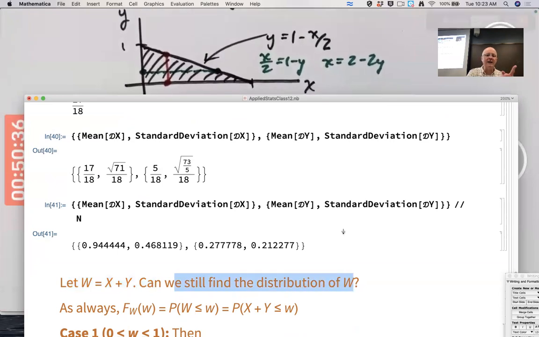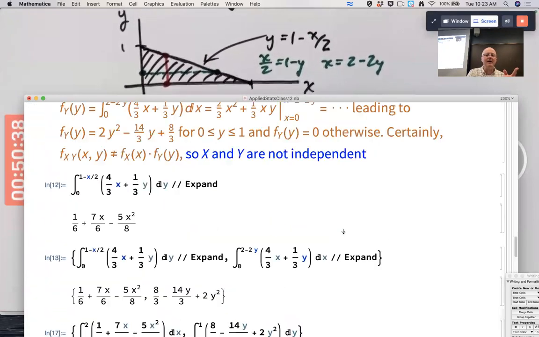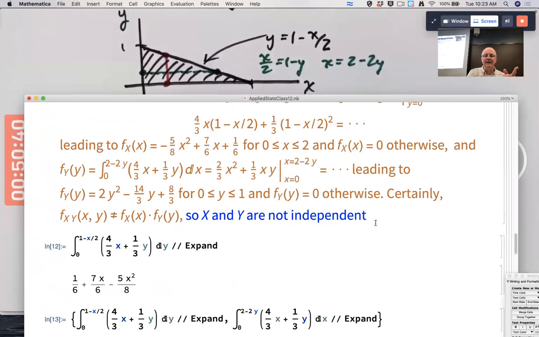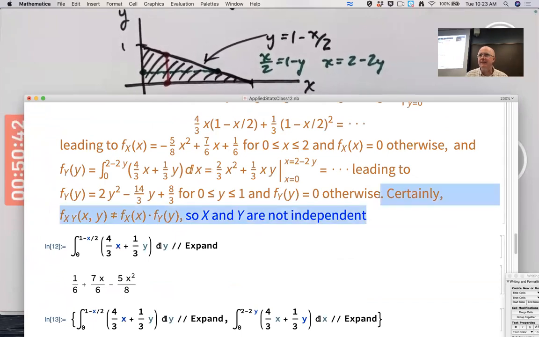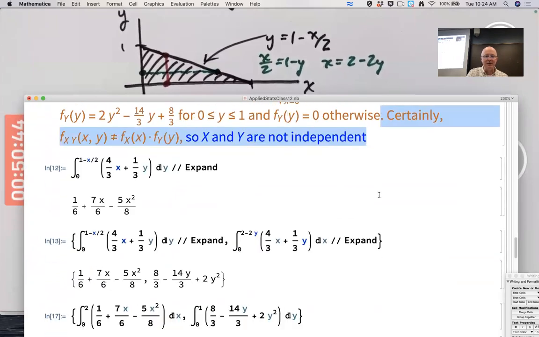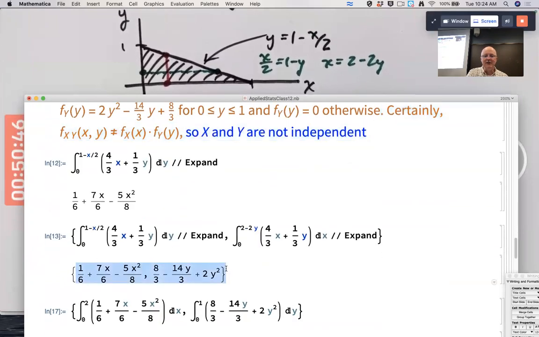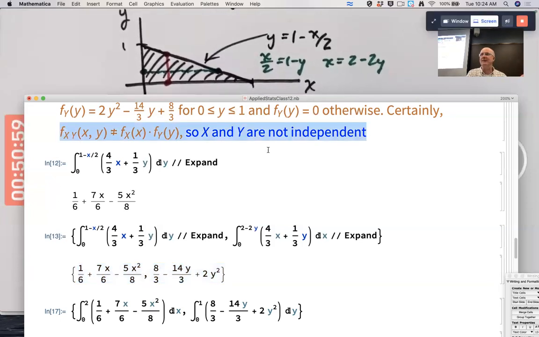Although I forgot to mention, they're definitely not independent. If you multiply these marginal distributions, you definitely do not get the joint PDF. The joint PDF is linear, whereas these marginal PDFs are quadratic, for one thing. So they're not independent.